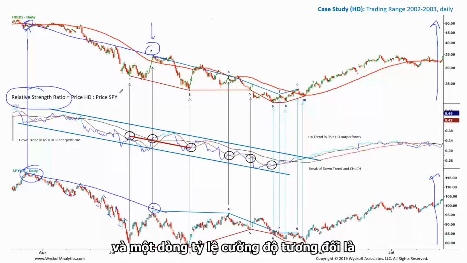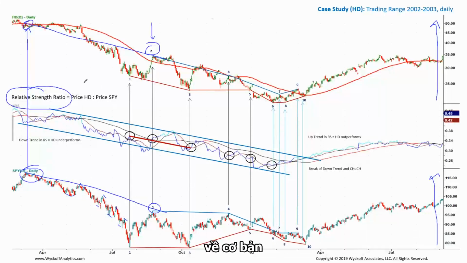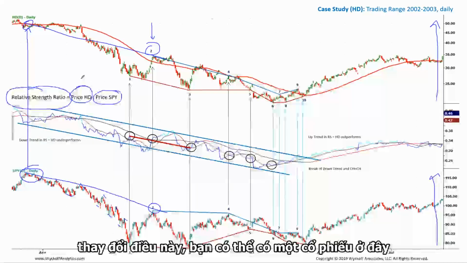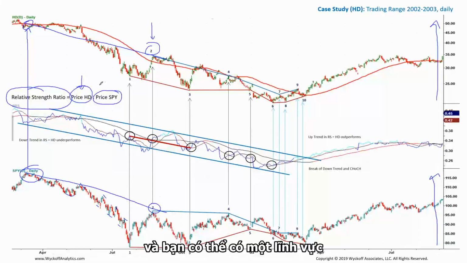A relative strength ratio line is basically a price-based tool based on the price of the stock over the market proxy. And you could change this. You could have a stock here and a sector and measure the strength of the stock against the sector.